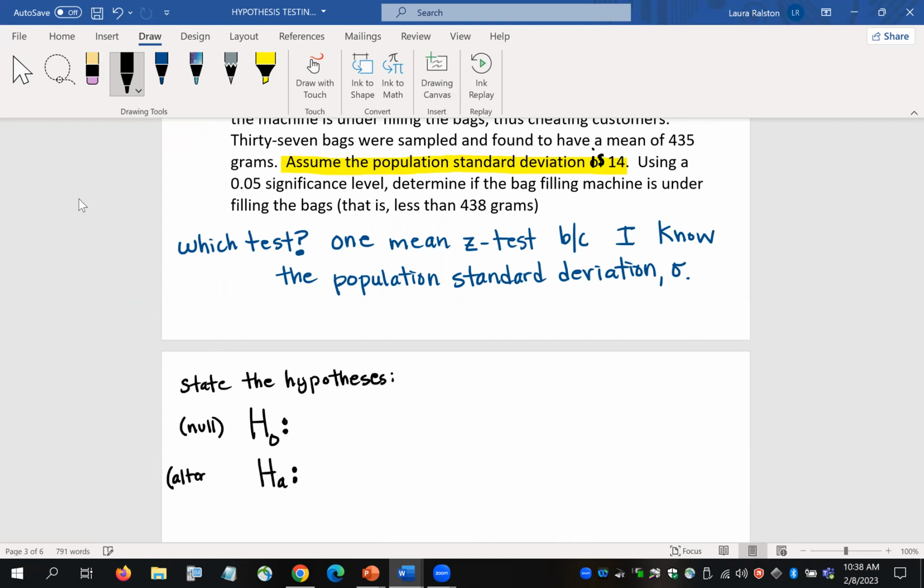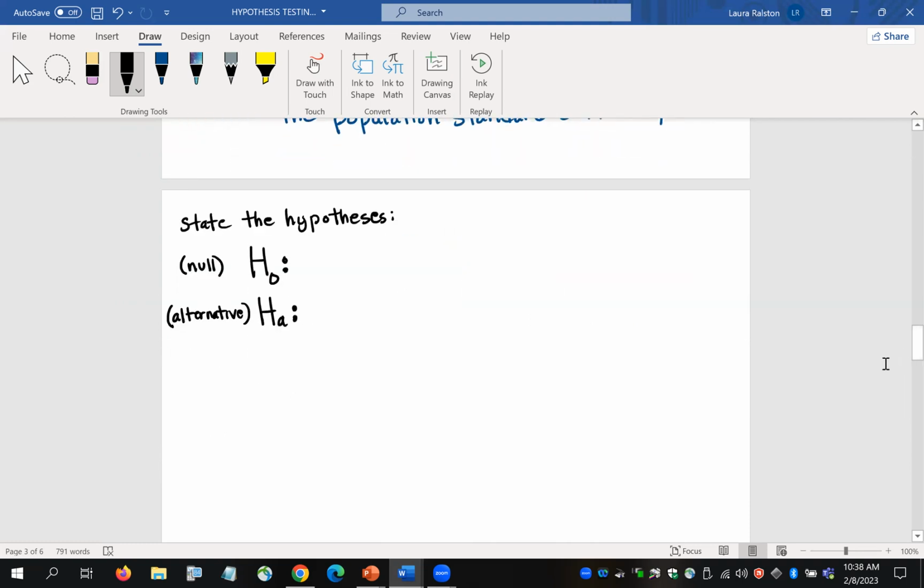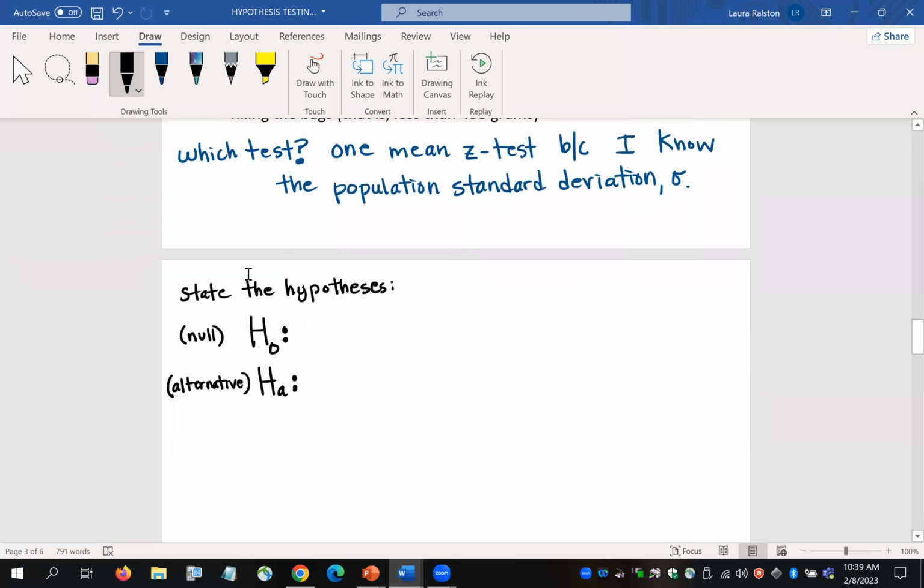They're stacked on top of each other, and you have to clearly label them. So you'll see me write every time I do this, H sub O, H sub A. The null is always on the top. The alternative is always on the bottom. You could write them side by side, but normally you'll see them stacked. I believe on the homework and in D2L, this is two separate questions. It'll say, what is the null hypothesis? What is the alternative hypothesis?